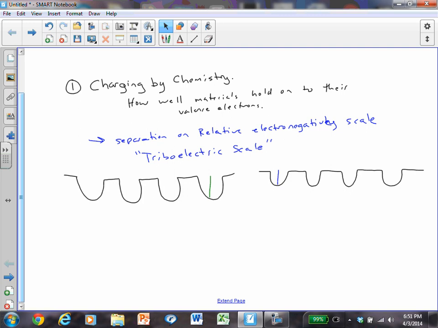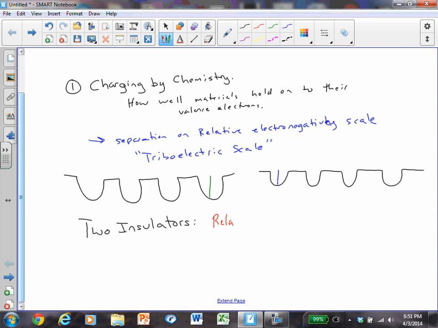The one that has a higher ability to hold on to electrons will pick up relatively more electrons than the other one. Not all the electrons, but relatively more will transfer over. And for this to work, you have to have two insulators, because the electrons need relatively deep wells to get trapped in.